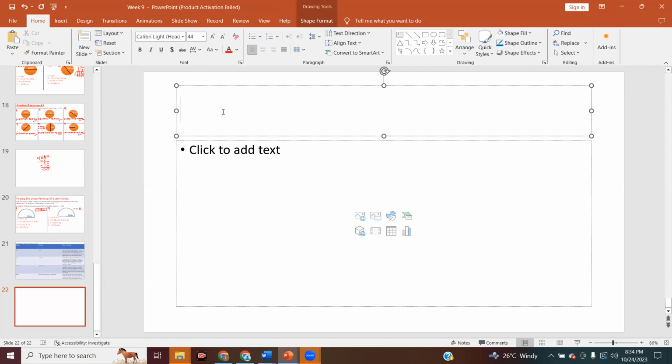invertebrates. And what did we say invertebrates was? Animals without a backbone. Very good. Now, we have done many invertebrates inside this class.